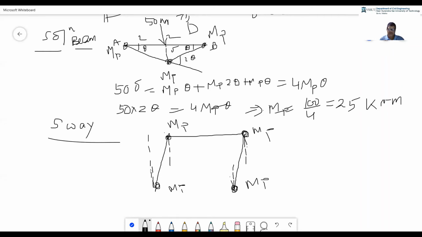What is the value given here? This load is given as 20 kilonewton, right? Now, what is this height? Height is 4 meter.